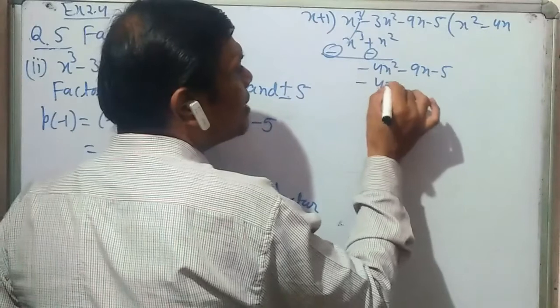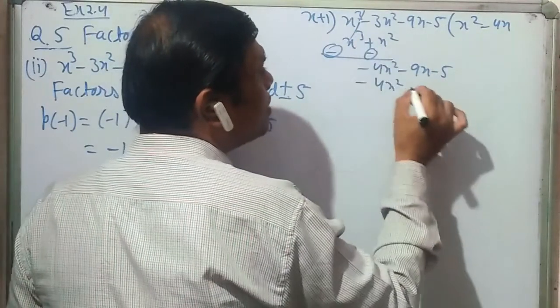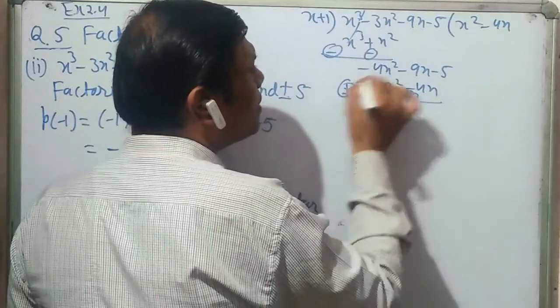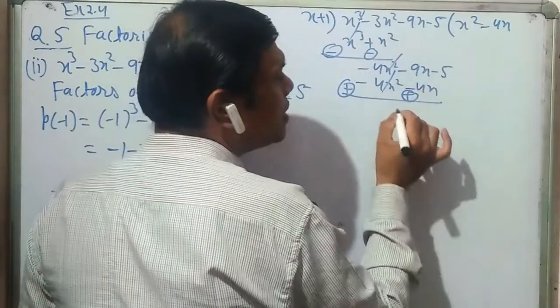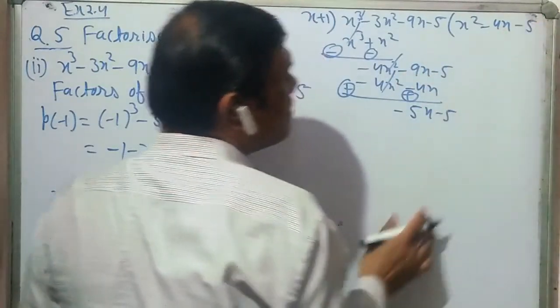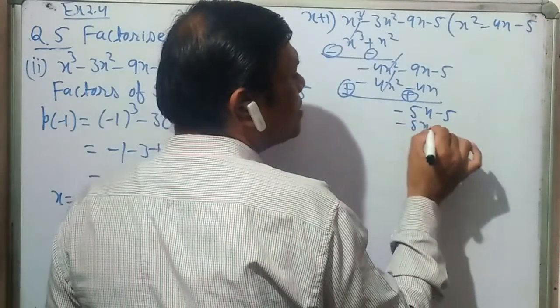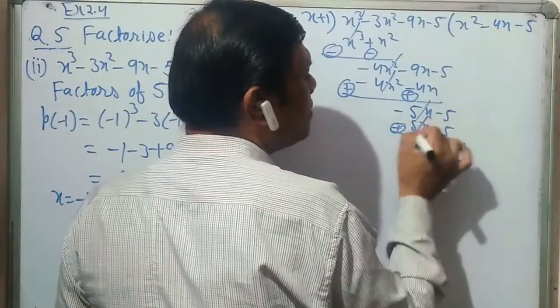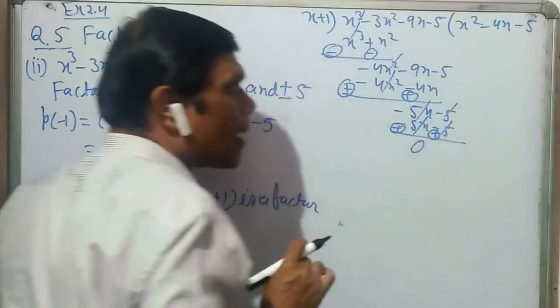So we'll have minus 4x square. Minus 4x into 1 will be minus 4x. Signs changed. This will cancel. This we get as minus 5x minus 5. So minus 5 will be the next number. Minus 5x minus 5, and this cancelled will give us 0.